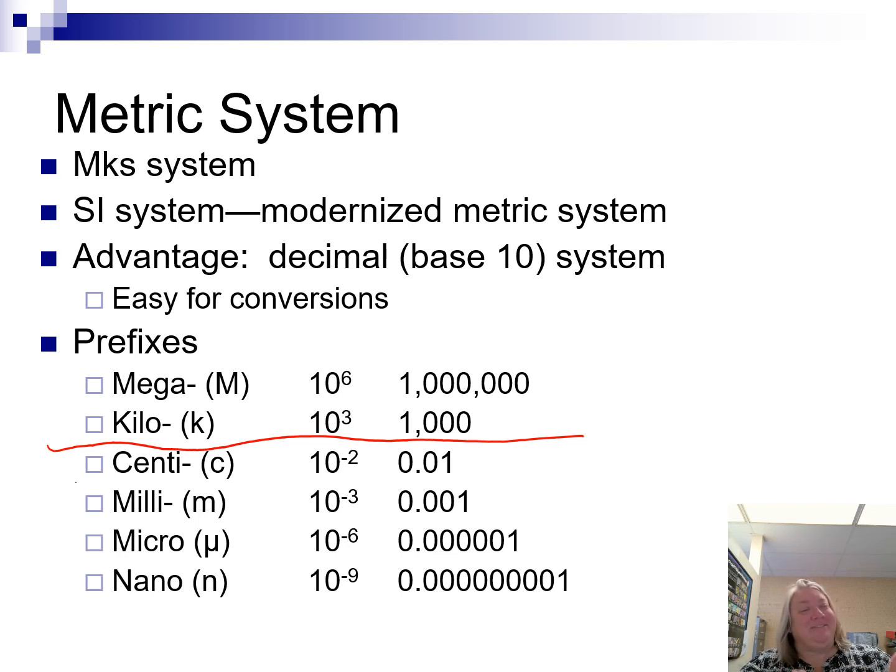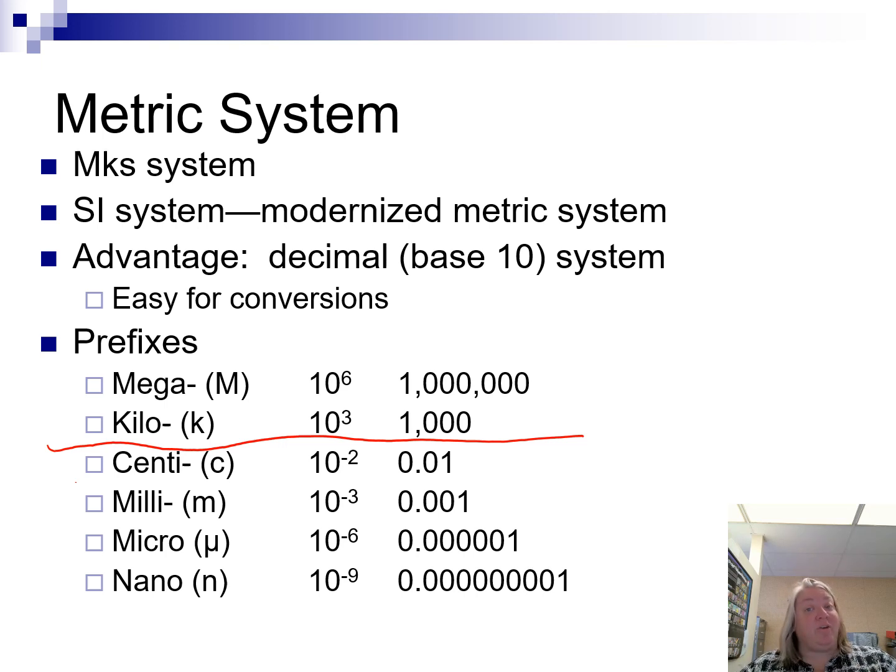Now, if you go buy a computer today, you don't buy a computer with megabytes, you're going to deal with gigabytes. Gigabytes are 1,000 times bigger than a megabyte. And what's bigger than a gigabyte? A terabyte. So we have millions, billions, and trillions. That's where some of that terminology comes from.